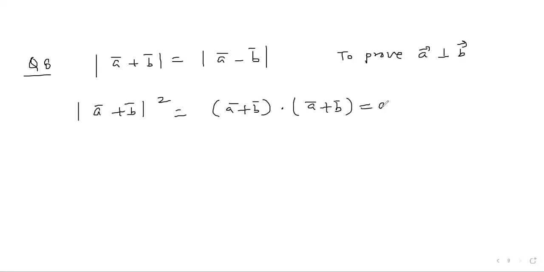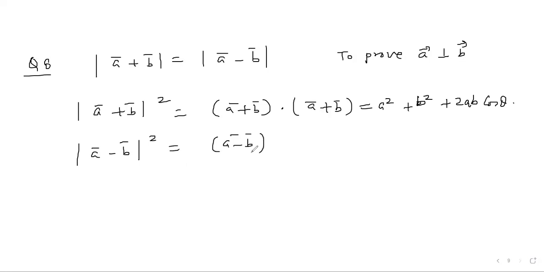So this will become A square plus B square plus 2AB cos theta. Similarly, we consider A minus B vector squared. So this will be A minus B vector dot A minus B vector, which will be equal to A square plus B square minus 2AB cos theta.